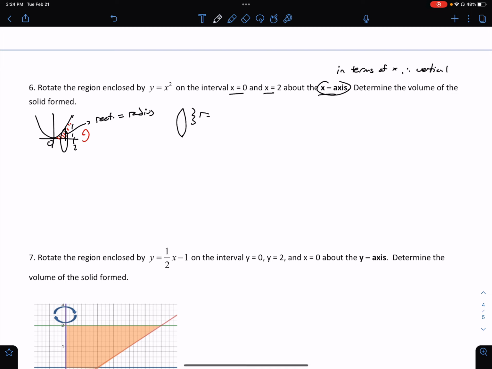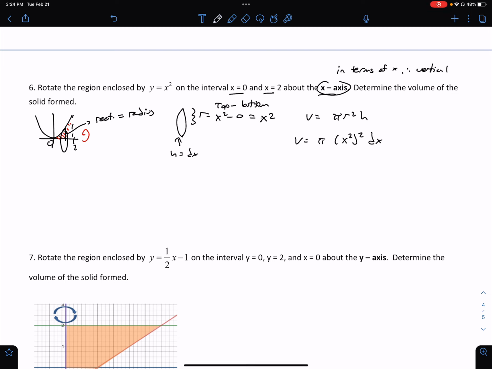Well, we're in terms of x, so it's going to be top minus bottom. Our top, again, is the parabola x squared, and the bottom is just 0, which is the x-axis. So my radius is just x squared. There's my height, it's just dx. So my volume, using my formula pi r squared h, we would get pi, the radius x squared, dx.